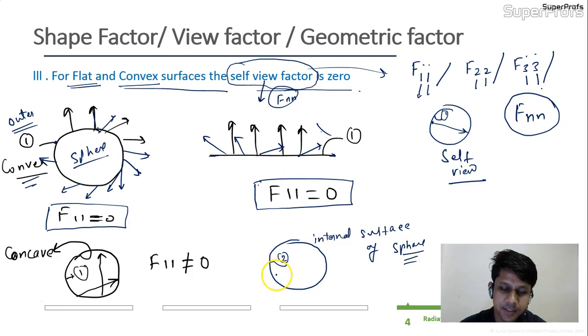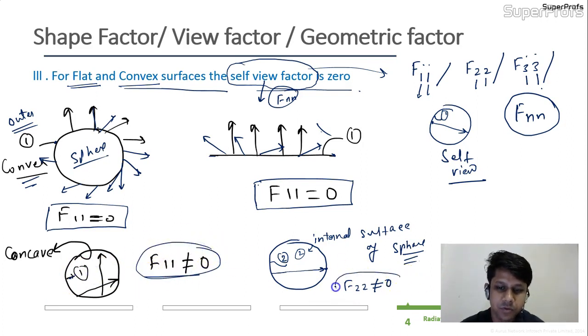In this case, this surface is emitting some radiation. The whole surface is 2 itself, so it will strike on 2 itself. So F22 in this case is not equal to 0. Or if you consider this as 1, then F11 is not equal to 0. These are the basic things about the shape factor.